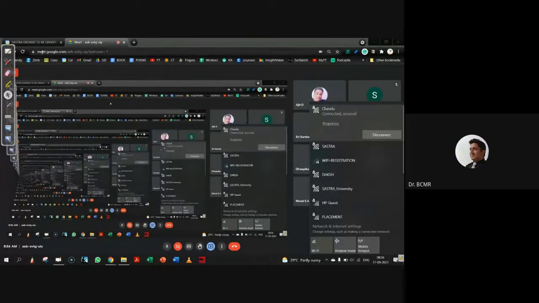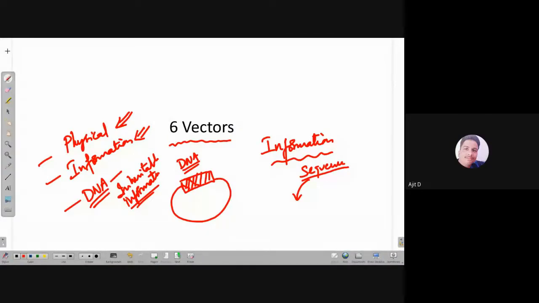Okay, I'm trying to use my mobile internet. Now it's audible, sir. Can you see my screen? Yes, sir. You were describing inheritable information and then sequence, and then the pointer was stuck in just one position. I didn't know whether you were writing anything else afterwards. No, I did not. Okay, thank you. So I think I was here. Thanks, Ajit.